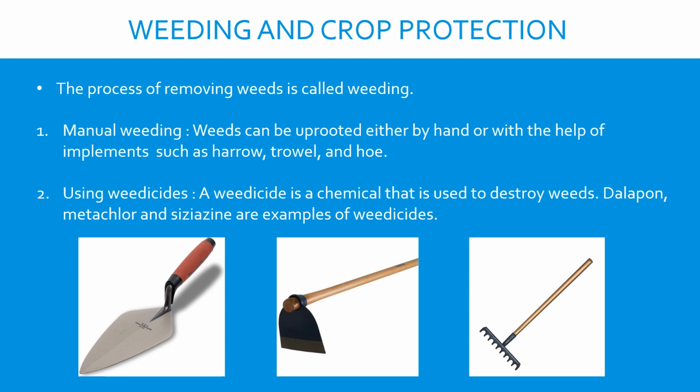Weeding and crop protection. The process of removing weeds is called weeding. I said I'll say about weeds when I'm explaining about soil preparation. So sometimes undesirable plants which are known as weeds also grow along with the crop.